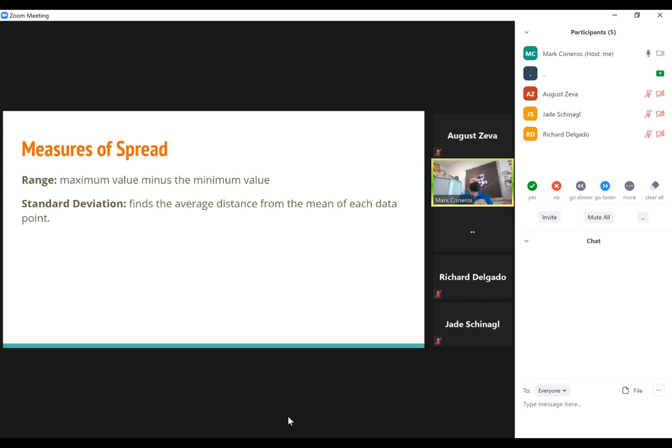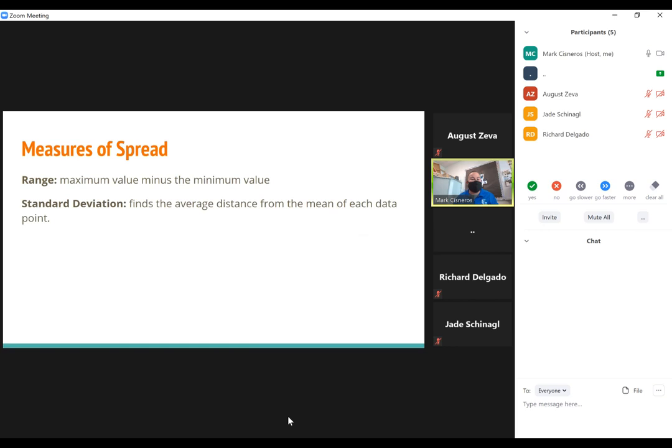Standard deviation measures how far spread out our data is. Okay. If most of my grades on the test were right in the 70s, it would have a really low standard deviation because everybody scored right around the same amount. Everybody's really close to the average. But if I had a high range of numbers, some high numbers, some low grades, and not a lot in the middle, then that's got a high standard deviation.